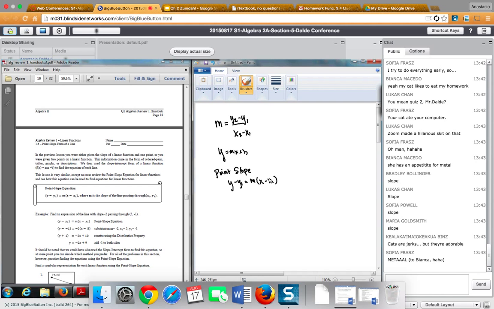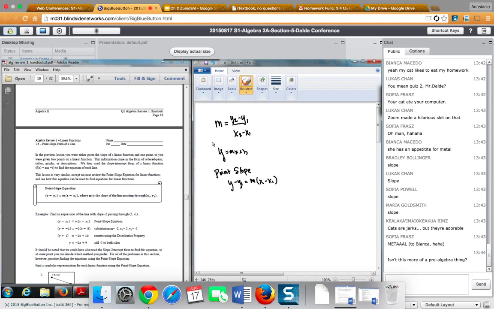Write that down. It's important. And then there's another one, called the slope-intercept. So this is the slope formula, the slope-intercept formula, the point-slope formula, all of that kind of jazz, right?